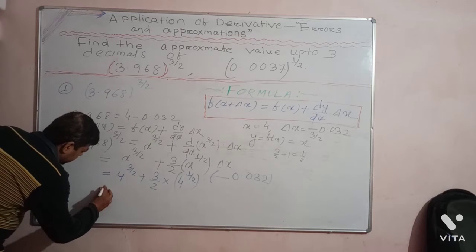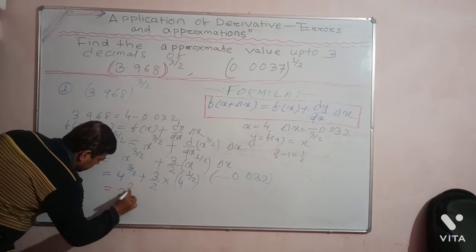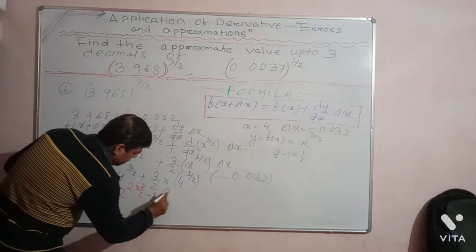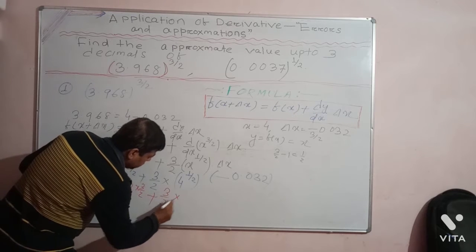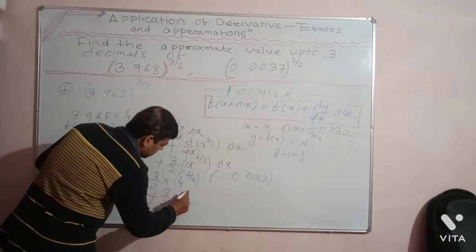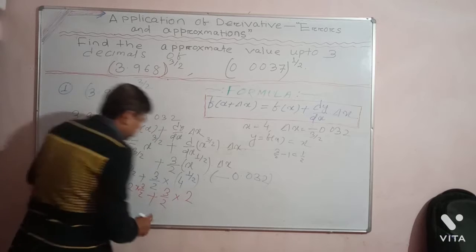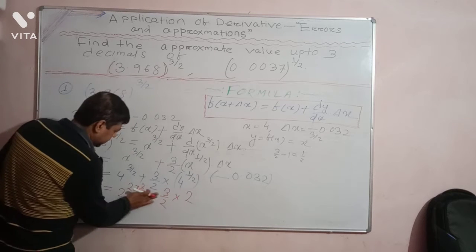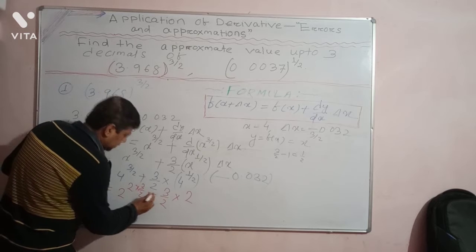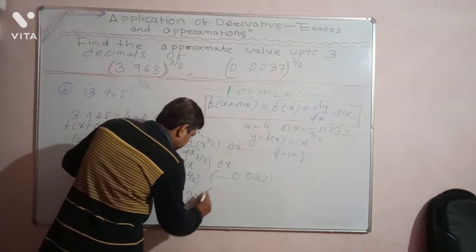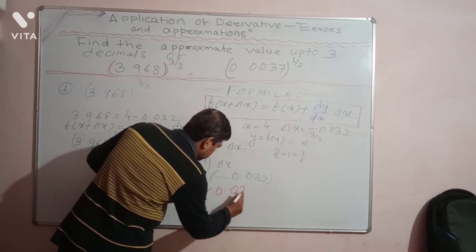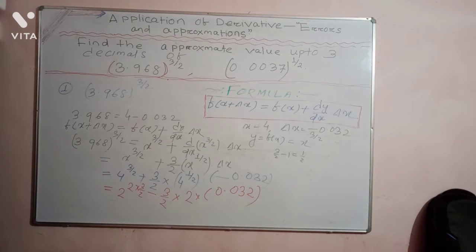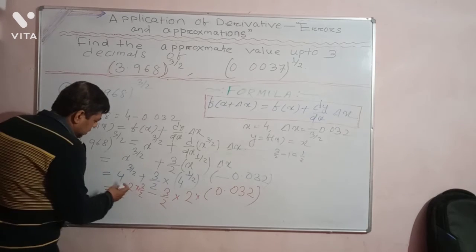Then you see, 4 to the power 3/2 is 2 cubed, plus 3/2 into the square root of 4, which is 2, into plus times minus gives minus, into 0.032. Here the 2 and 2 cancel.